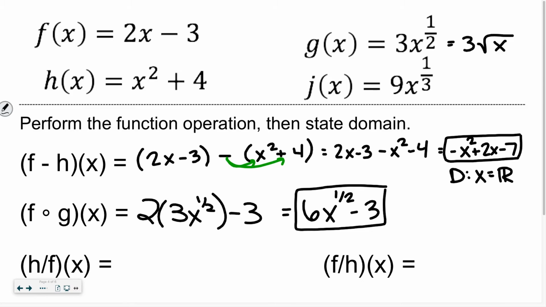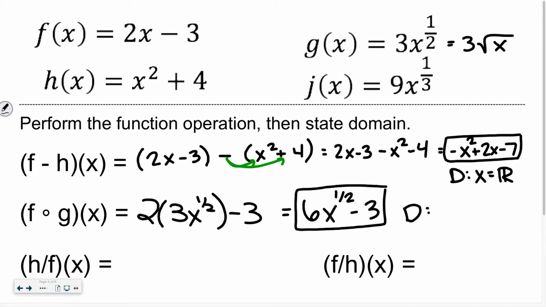Really? You put anything you want into a square root? No, you can't do square roots of negative numbers, right? We had that conversation yesterday with the inequalities. So our domain for this one is everything greater than or equal to 0. Like 0 is the last number I can take the square root of.